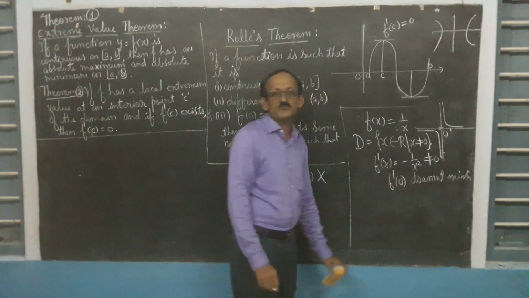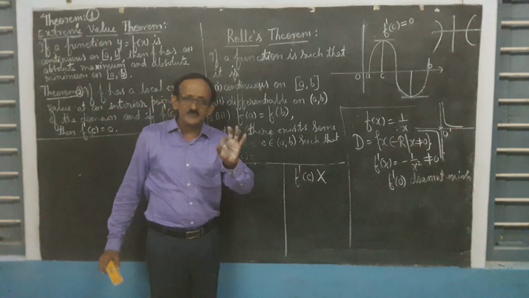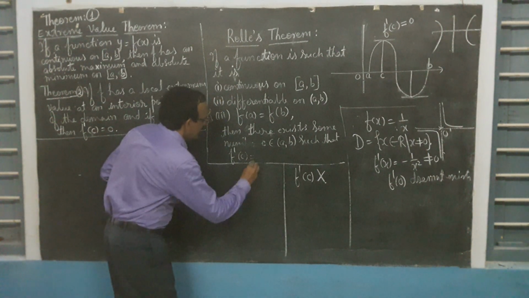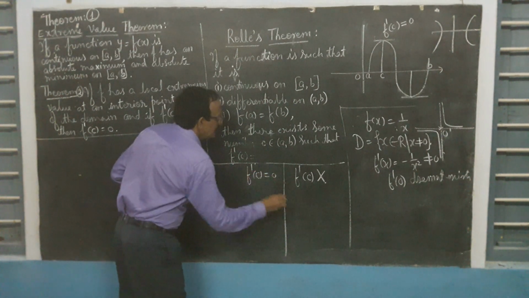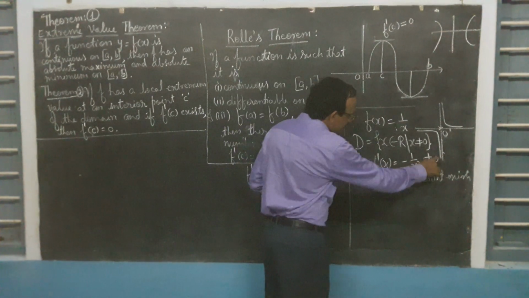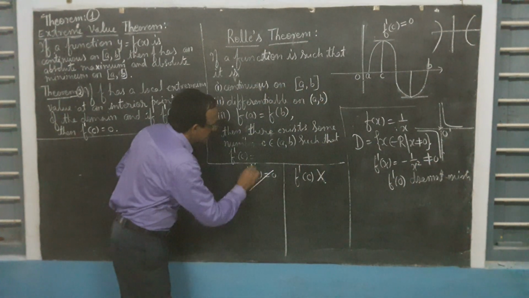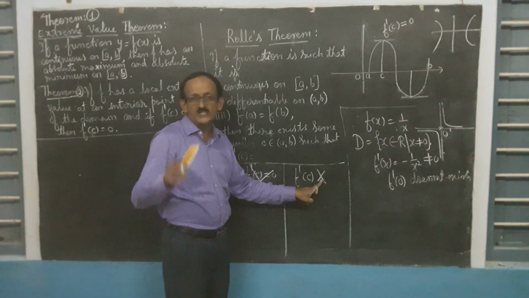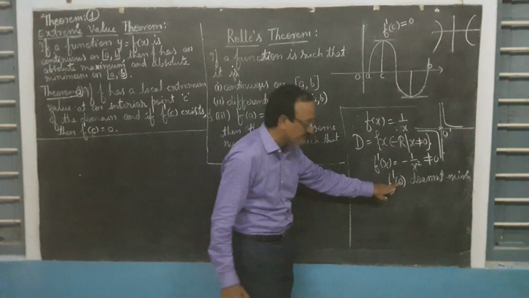Let me repeat the definition of critical point. Critical point is a point at which either derivative is 0 or derivative does not exist. Derivative is not 0 here, so searching here is not possible. Derivative does not exist. The case occurs at c equal to 0.